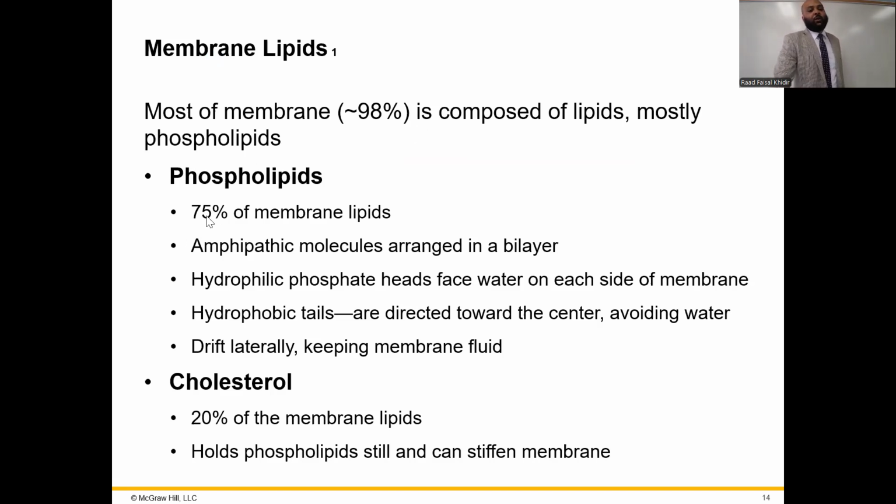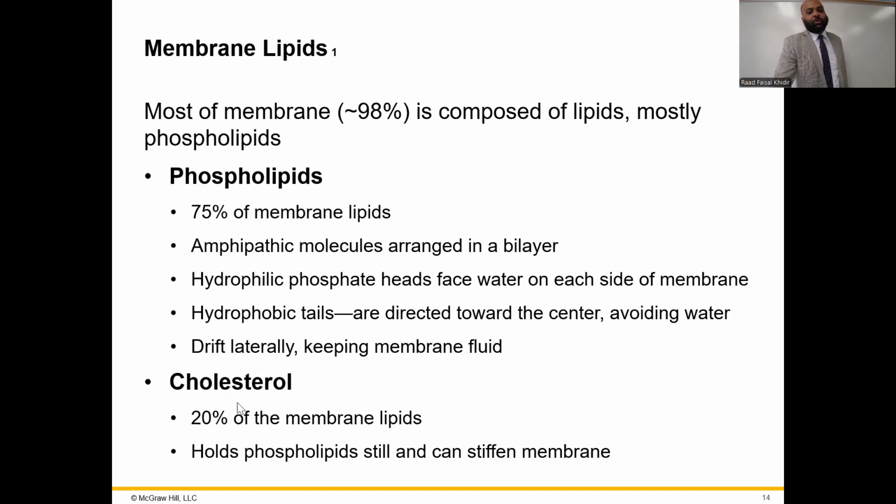The phospholipids are 75% of the membrane lipids, and they are amphipathic molecules arranged in a bilayer. And there are hydrophilic phosphate heads that face the water on each side of the membrane.